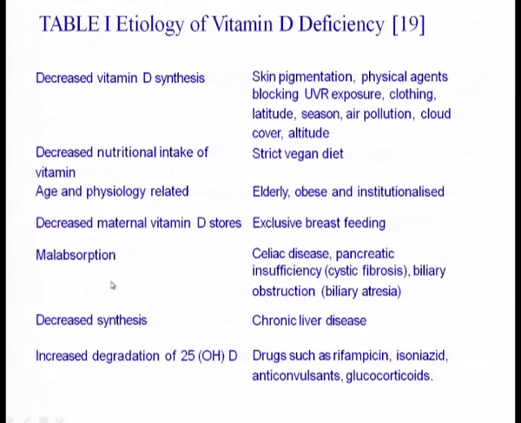And this is very interesting, what we consider as malabsorption. So what do you call malabsorption? Maybe the person is taking a sufficient diet of vitamin D rich sources, but there could be some kind of problem connected with the alimentary canal, the gastrointestinal tract. Celiac disease is one condition.